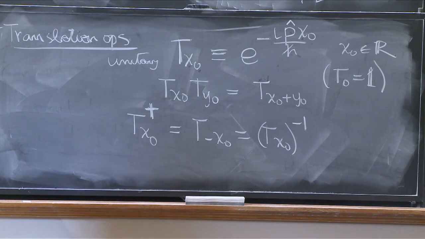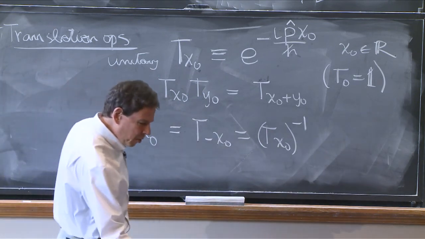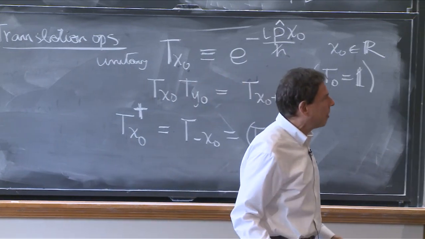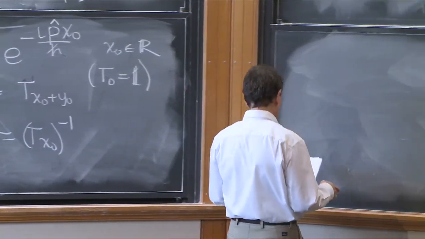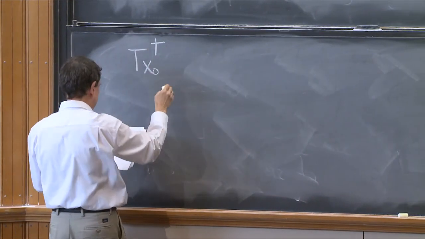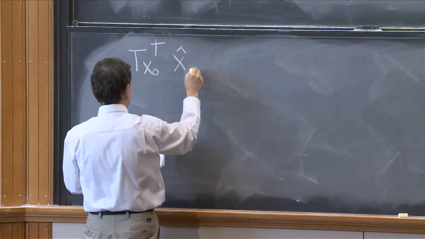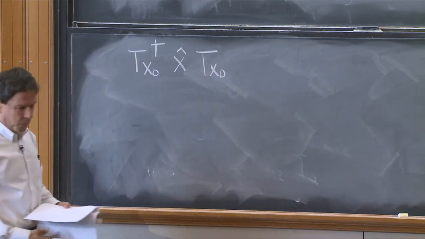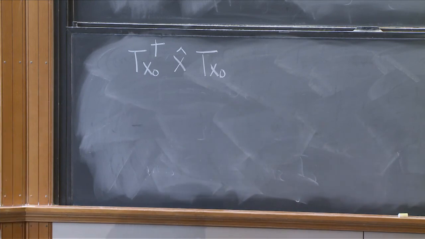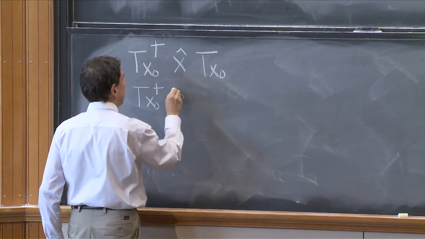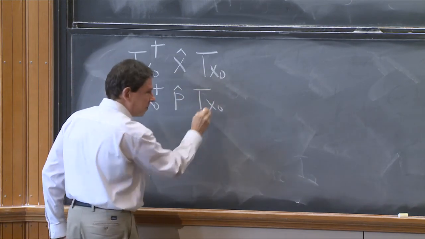So these are our translation operators, but you don't get the intuition of what they do unless you compute a little more. And the little more that you should compute is this. What is T(x0) dagger x T(x0)? And what is T(x0) dagger p T(x0)?